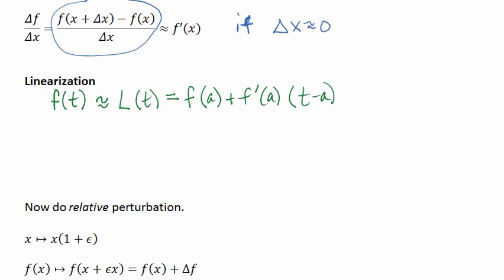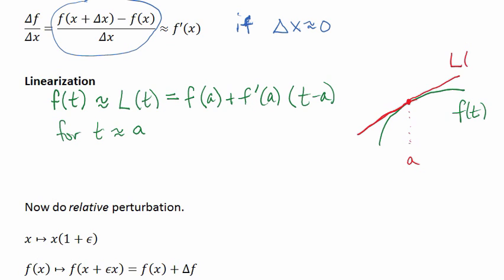And it's a good approximation for t close to a. Right? Or another way is to look at it graphically. So we have some function, which is f of t, and then we have a value at t equal to a, and we take the slope at that point from the derivative and we draw a straight line, and we call that L of t. And the straight line stays close to the function for a little while, near the point a.